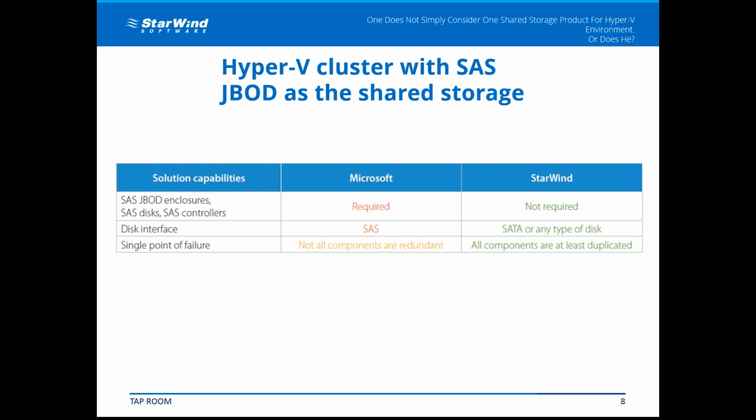For everything. So let's just quickly watch through the spreadsheet. So SAS JBOD says, SAS equipment is not required for StarWind, and this Microsoft can do the things only with SAS, and StarWind can do with anything, and that is actually the case not only for those guys who don't have a huge budget for SAS drives.